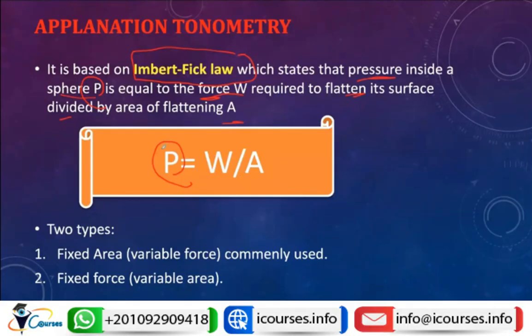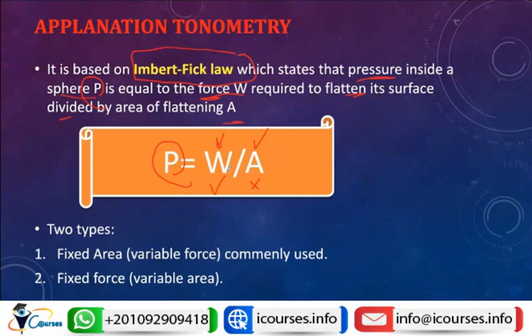So in order to know the pressure inside the sphere, you have two variables here. One is the weight, and the other is the area. So you need to fix one of them, either to make a variable force and fixed area, or to make a variable area and fixed weight.